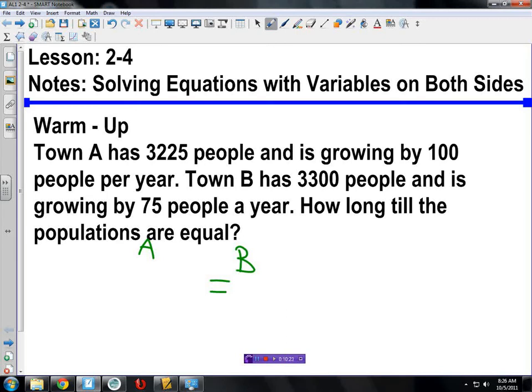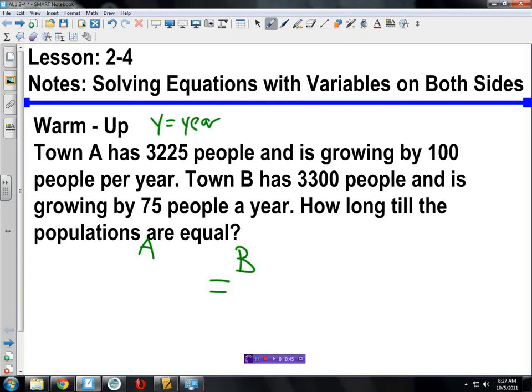We want to try to do it a different way with an equation, right? Now, we need a variable. What's the variable in here going to be? T for what? How about we could do Y for year, T for time, right? Something like that. I like Y. So my variable is going to be Y for year.